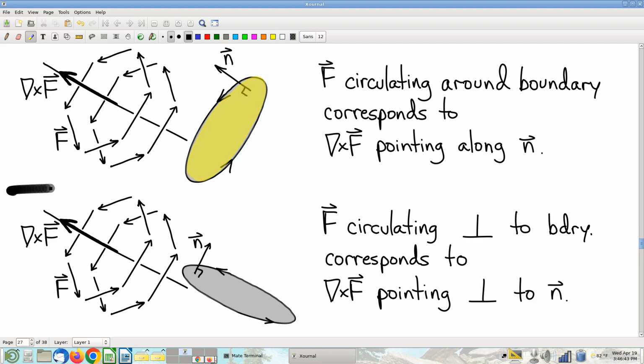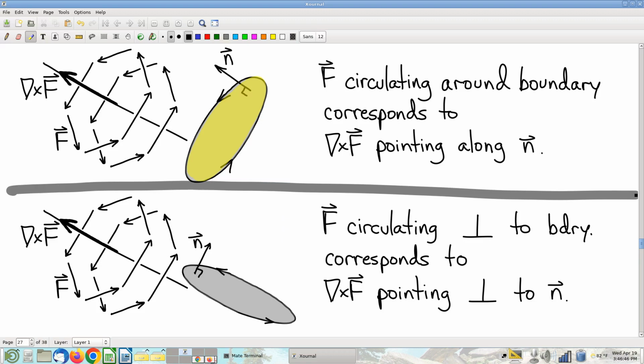So in the top picture here, there are two scenarios. Let me separate them like so. In the top scenario, notice that the fluid is rotating along the same direction that the boundary, on which the circulation is measured, is actually going around. And keep in mind, circulation is a line integral.